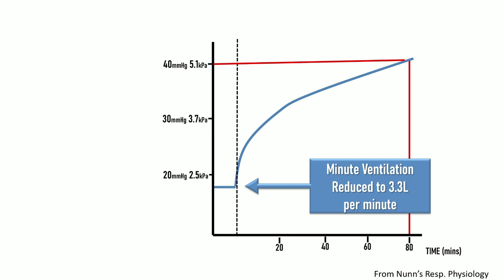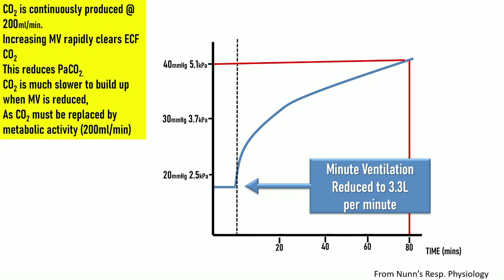So the learning point here is that carbon dioxide is produced continuously at 200 mils per minute, depending on metabolic rate. Increasing minute ventilation rapidly clears the extracellular fluid of dissolved carbon dioxide, and that reduces the PaCO2. CO2 is much slower to build up when minute ventilation is reduced because it has to be replaced purely by metabolic activity.